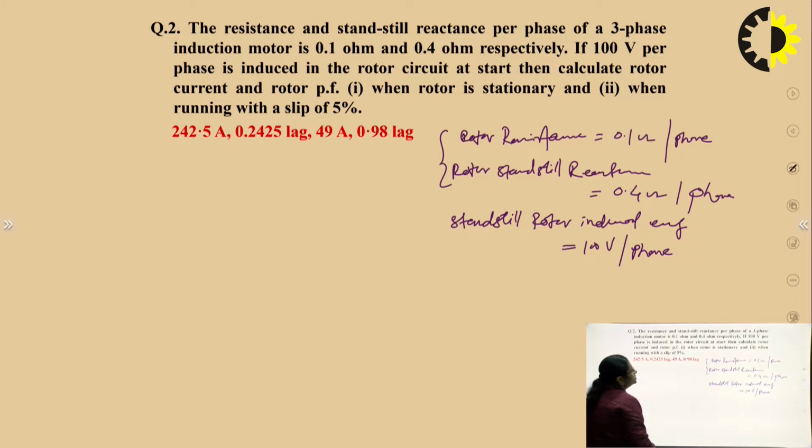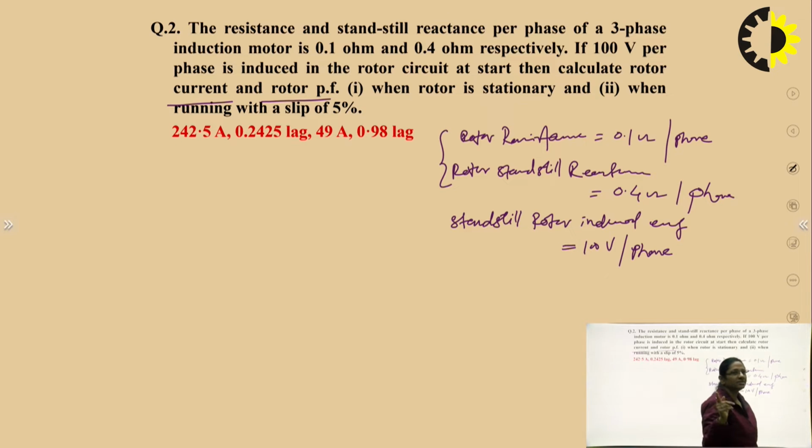right? So, we are supposed to calculate the rotor current and rotor power factor under two conditions. The first condition is when the rotor is stationary, and the second condition is when the rotor is running with a slip of 5%, right?